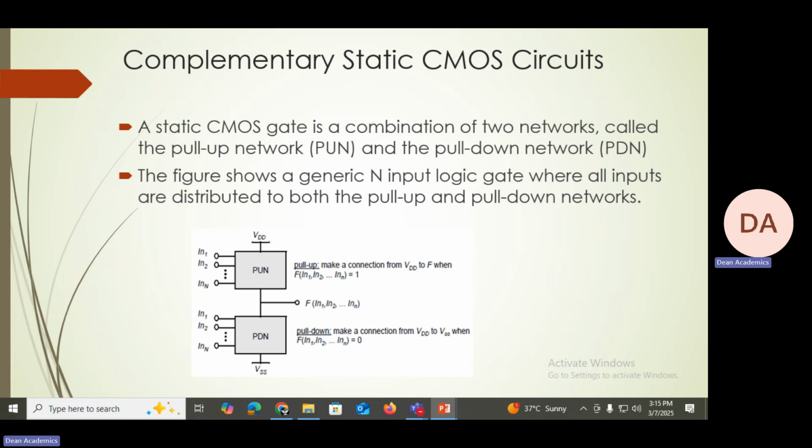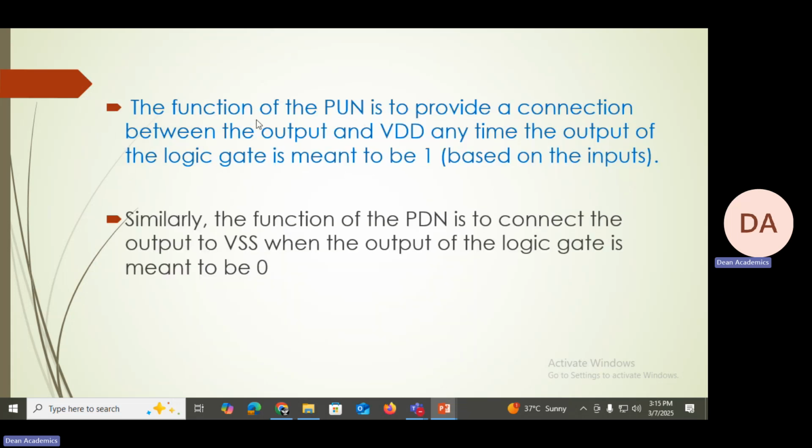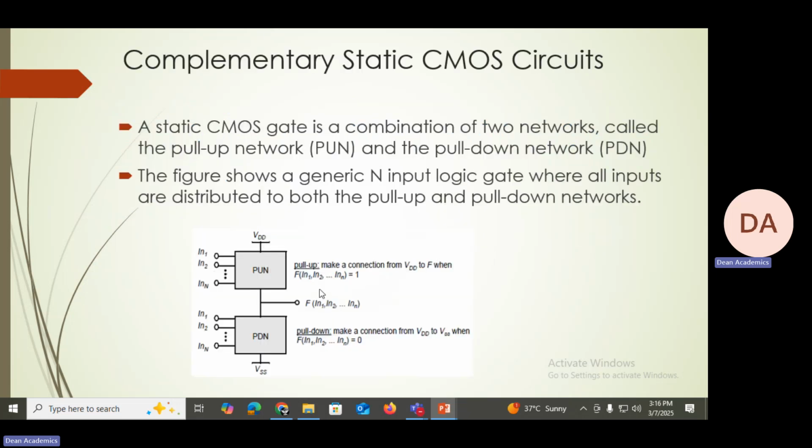Now, let us see the function of the pull-up network. Pull-up network is to provide connection between the output and VDD. This is the output, and this is VDD.